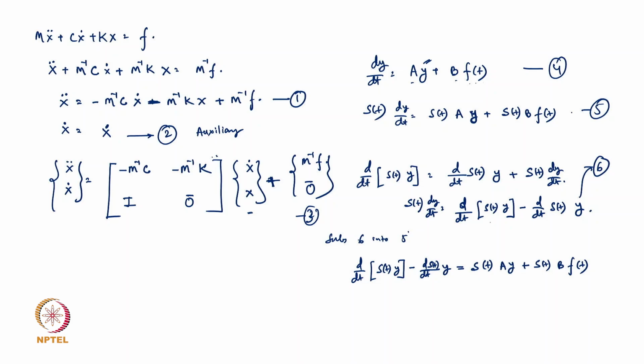Now we are telling that, look, you cannot just multiply with S of t, because it is something like d/dt of S(t) y minus this.